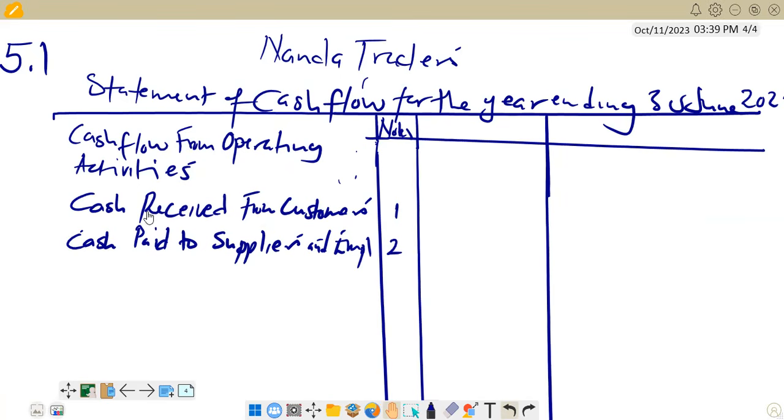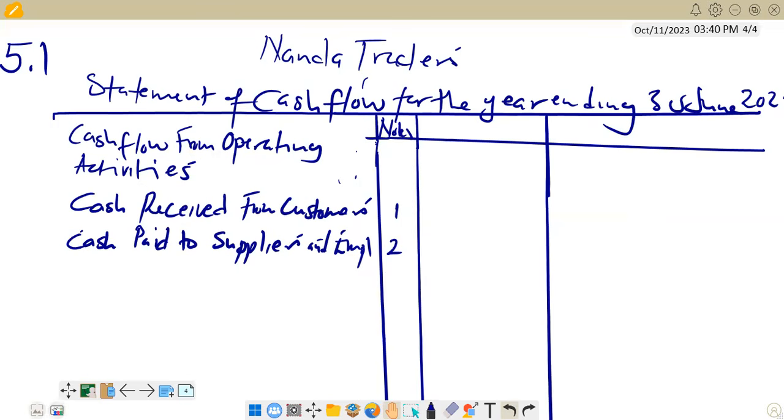Under that, we have cash received from customers, which we are going to find in note 1, and cash paid to suppliers and employees, which we are going to find in note 2. First we prepare note 1 to find this figure, then note 2 to find this figure, and then we just put the figures here. We have already made a reference that this figure comes from note 1, and this one comes from note 2.